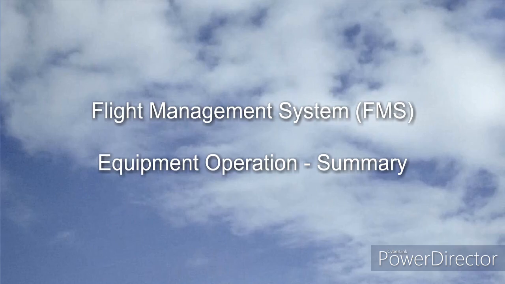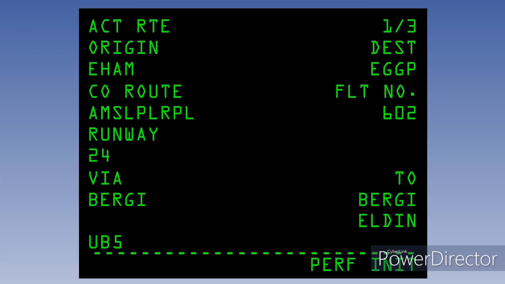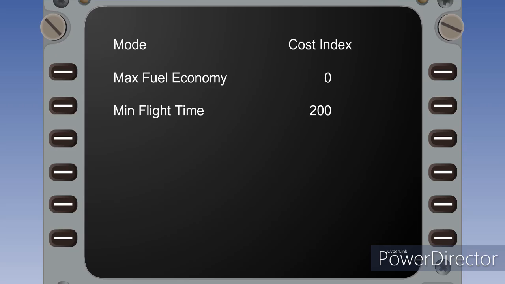Let's summarize this lesson. The first 4 pages in the startup sequence are always the same: identification, position initialization, route and performance initialization. The route is usually entered simply using the operator's flight number. Cost index is determined by dividing aircraft operating costs by fuel costs.